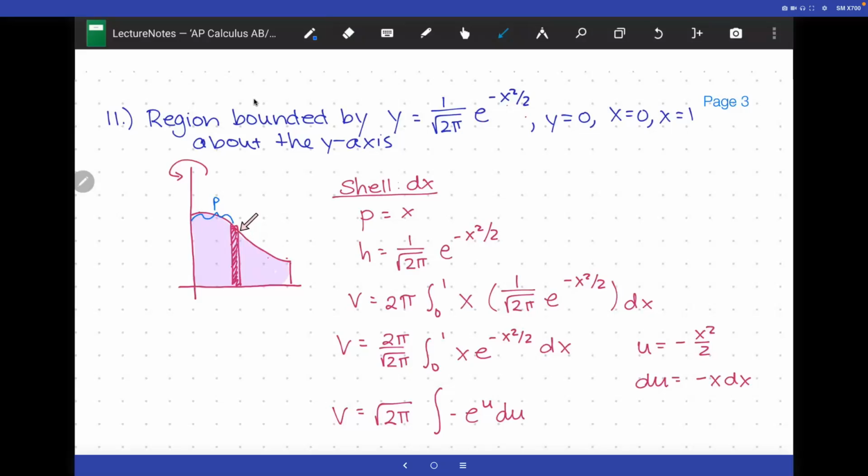Whether it's top minus bottom or right minus left, one part is always just x or y, and the other part is whatever the axis of rotation is. In this case, right minus left, it's a dx problem, so x minus 0 is just x. And then h is the height of the rectangle. That will make the height of the shell. So top minus bottom is the function minus 0. So any questions finding p and h?